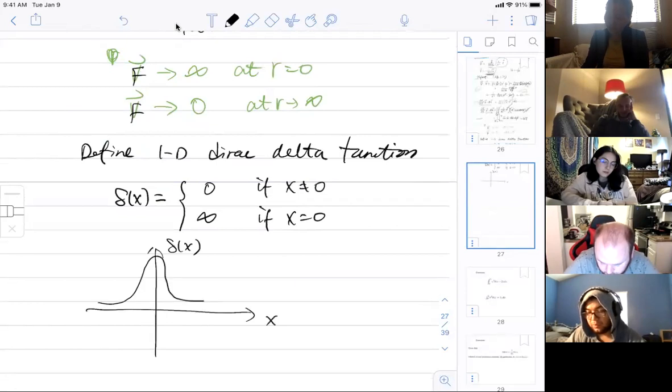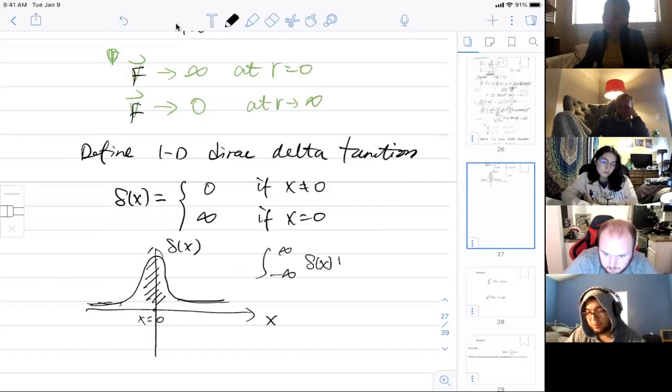You see it blows up here at x equals 0, but everything else it's 0. We can never really draw infinity, right? So we're just going to draw the best we can. This is our delta function. And when you integrate from negative infinity to infinity, we define this integration to be 1.